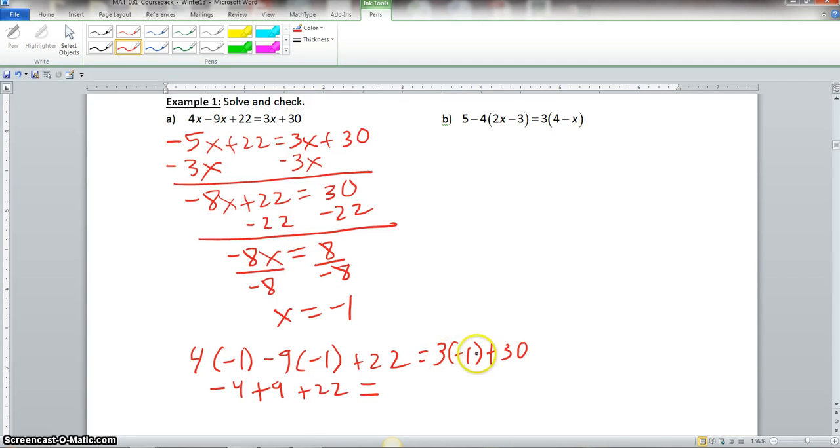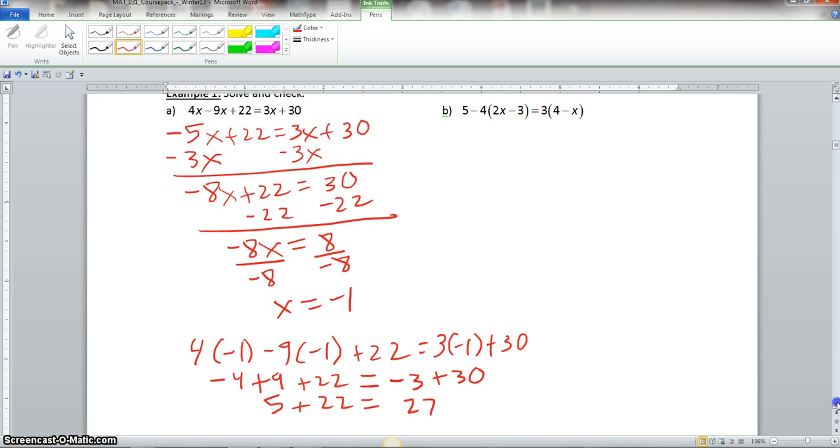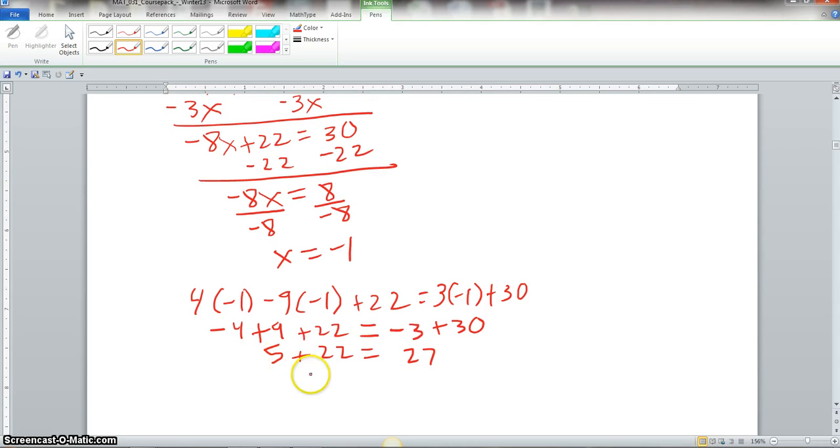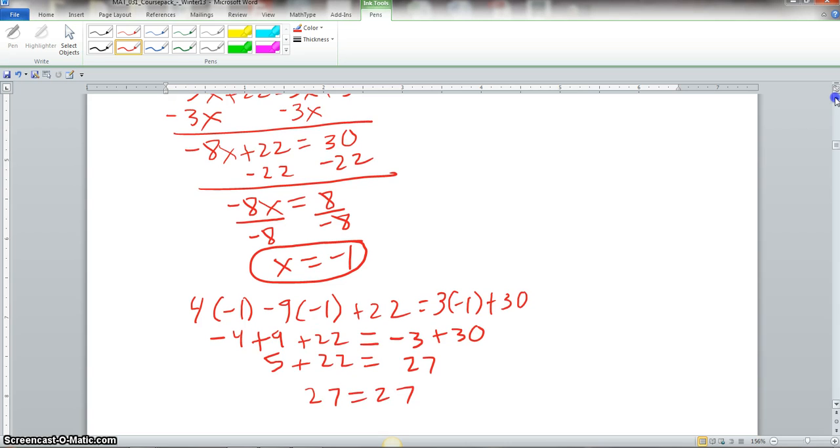And that equals 3 times negative 1 is negative 3 plus 30. Negative 4 plus 9 is 5 plus 22 is equal to negative 3 plus 30, which is 27. Now, 5 plus 22 is 27, and 27 equals 27. So your answer is negative 1.